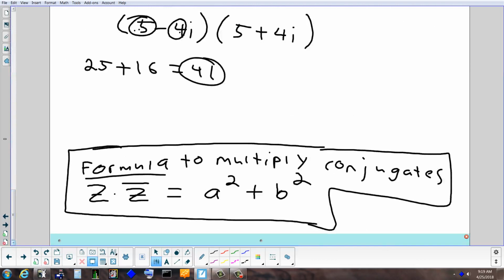And that's the answer. When I multiply conjugates, I'm going to use that shortcut because it does save us a little bit of time. But if you want to FOIL it out, go for it. Any questions on what a conjugate is or what happens when you multiply conjugates together?